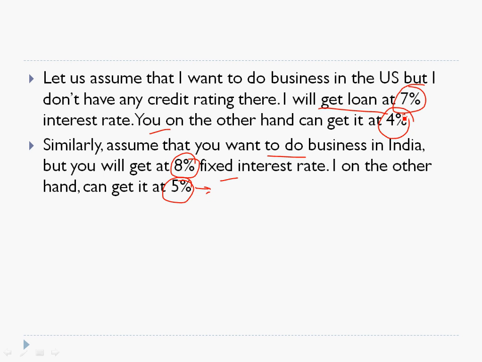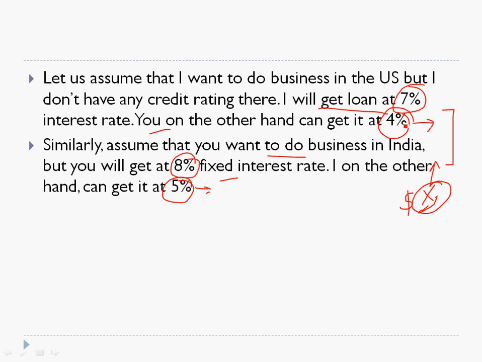We would fix a principal, right? Let's say X amount. We say that I'll borrow this X amount, which is let's say dollar equivalent of rupees. I would say that I would borrow these many dollars from Indian bank at 5%. You borrow these many dollars from US bank at 4%, and we would swap these two.